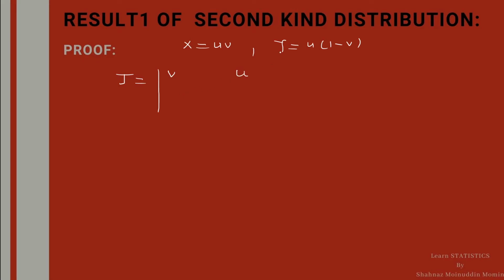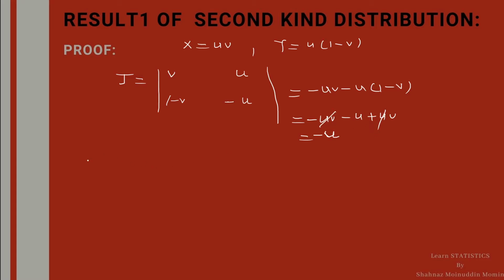Similarly, differentiating y with respect to u is 1 minus v, and differentiating y with respect to v is u into minus 1, so it is minus u. After simplifying, it is minus uv minus u into (1 minus v), which is equal to minus uv minus u plus uv, which is equal to minus u. The uv cancels.